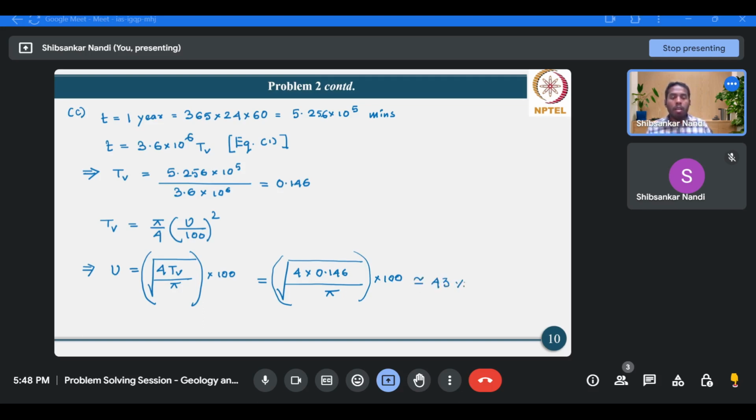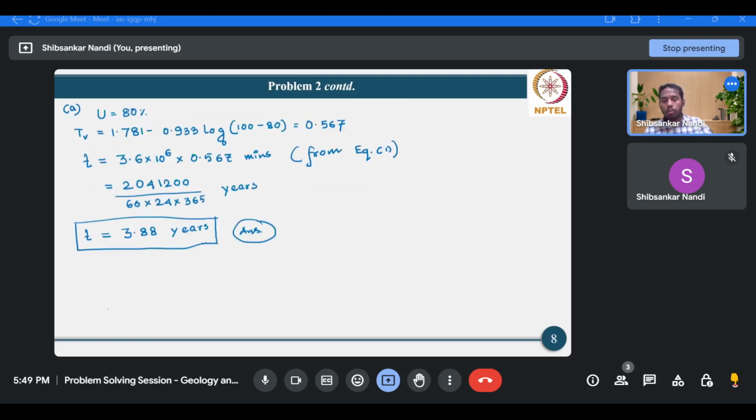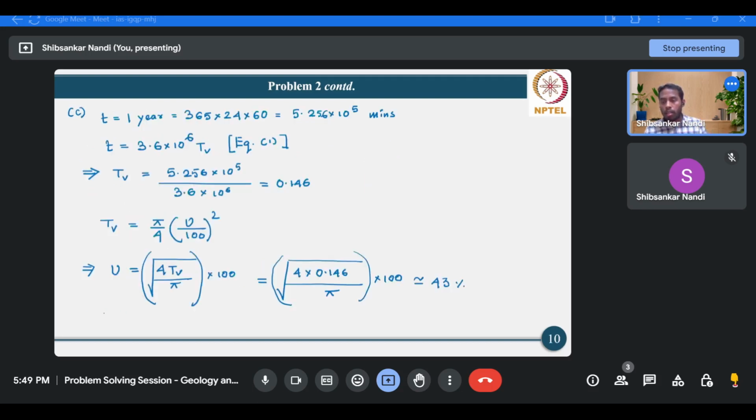Okay. So we have calculated the degree of consolidation within or after 1 year. In 1 year, we can expect 43% consolidation. If the degree of consolidation is 43%, then what would be the settlement value? You know that ST by SF is 0.43.